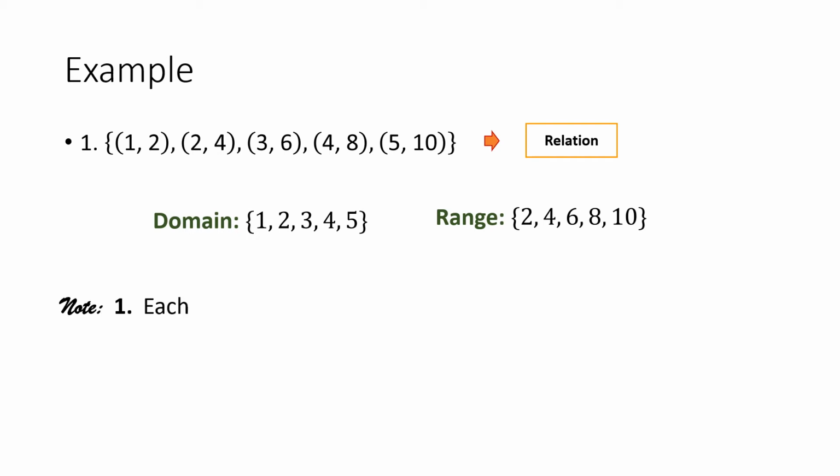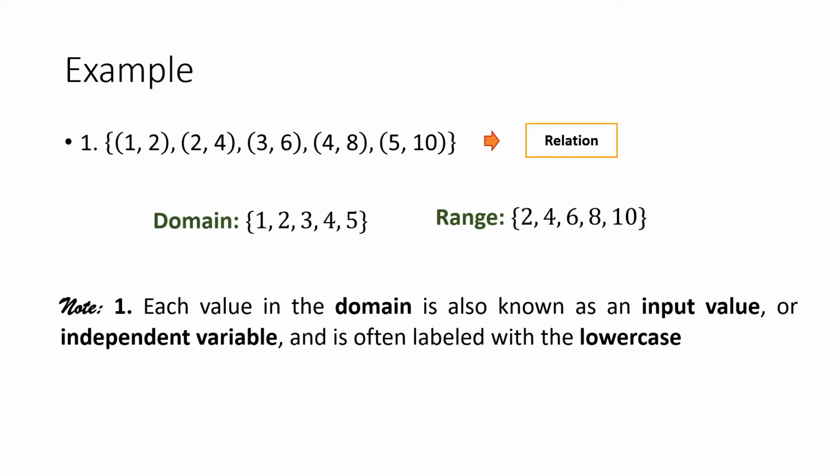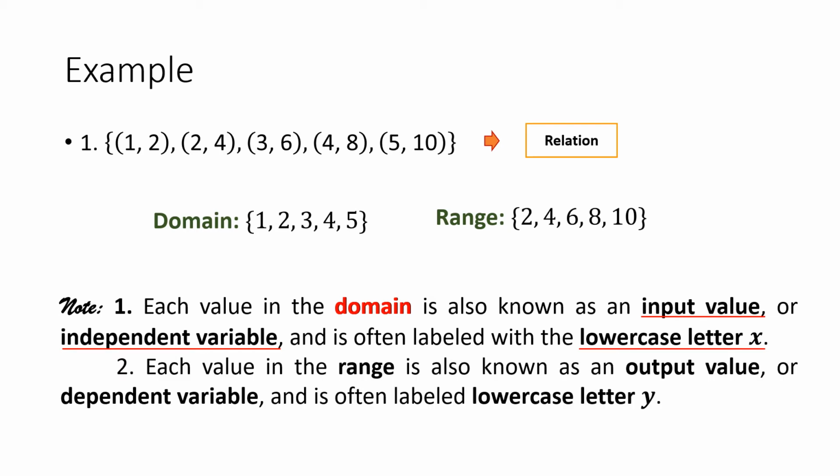We have to take note that each value in the domain is also known as the input value or the independent variable, and is often labeled with the lowercase letter x. Number 2, important note.